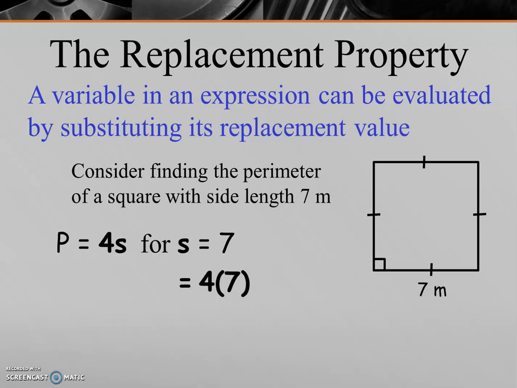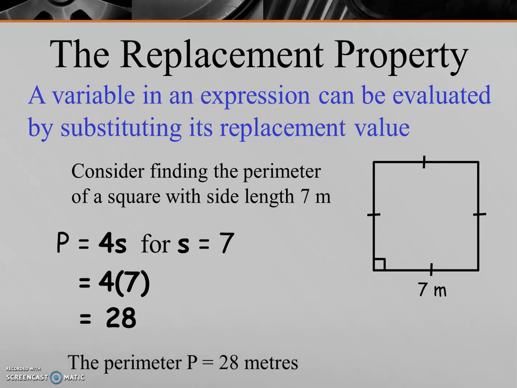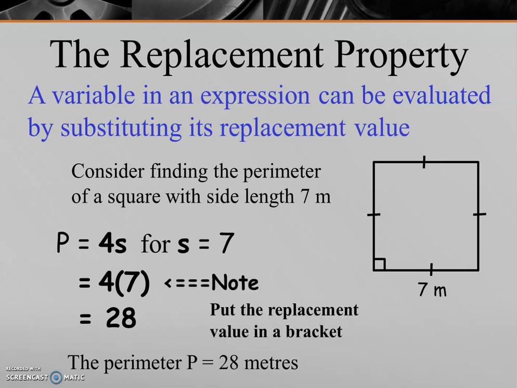So you can replace that into the expression 4s, and it gives us the equation that the perimeter is equal to 28. Then you put the units in at the end. That's called the replacement property. Now this formula, when you replace it in, put it in a bracket because it's multiplication. You want to remember that.